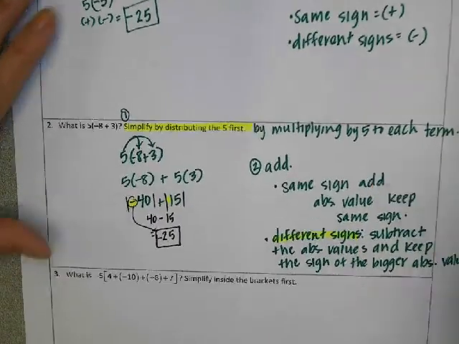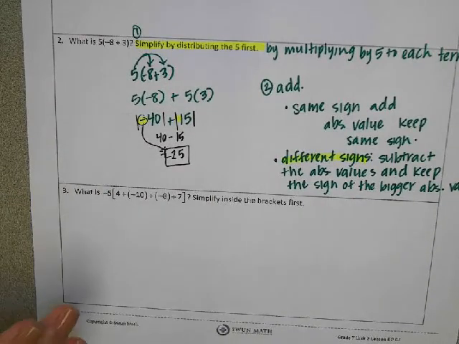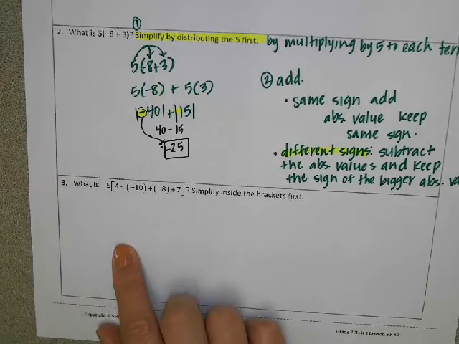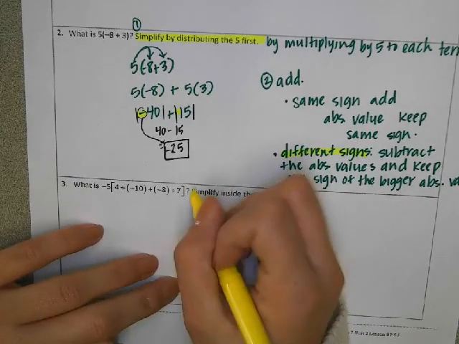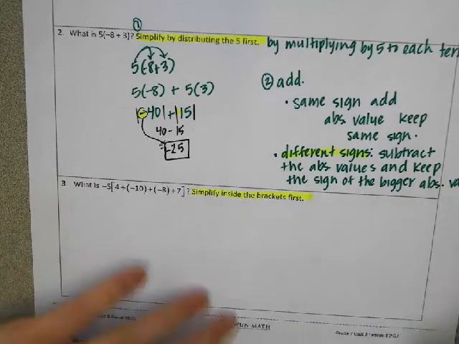Okay, and number 3, let's look at this one. So it says to simplify inside the brackets first. Now brackets are just going to act like bigger parentheses.